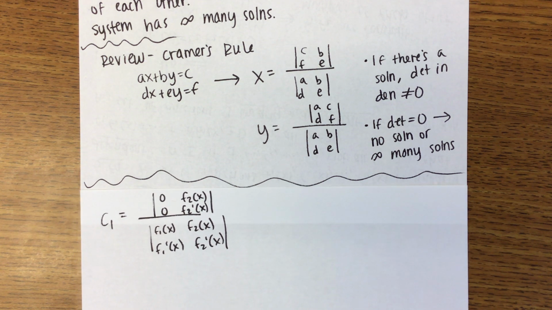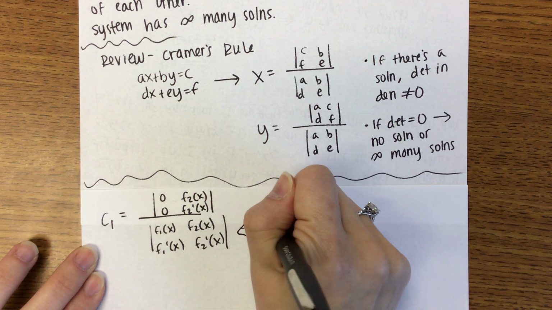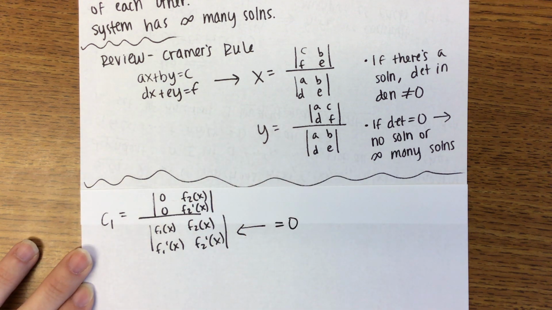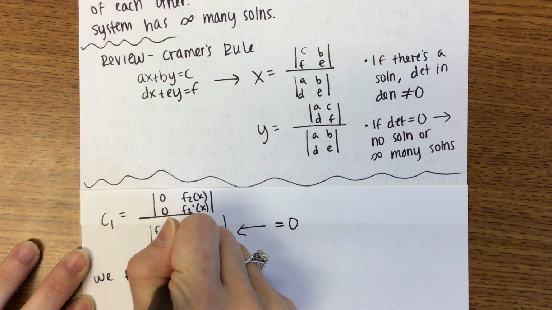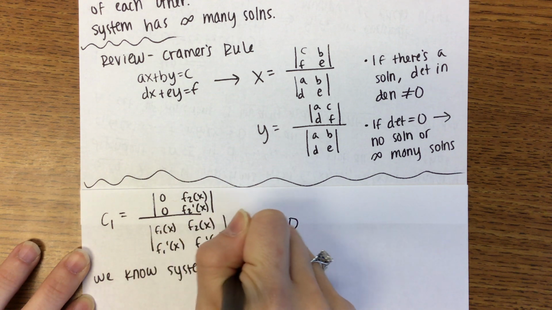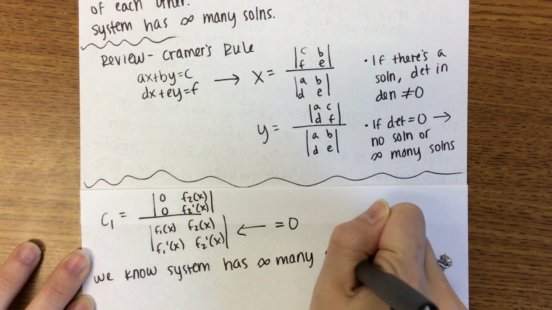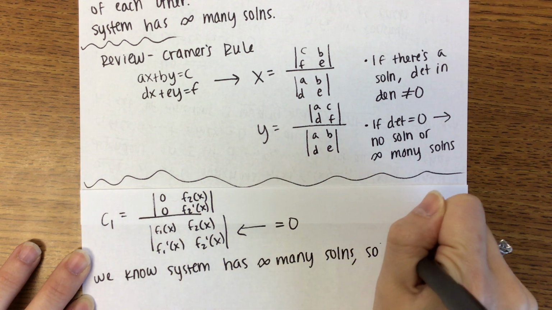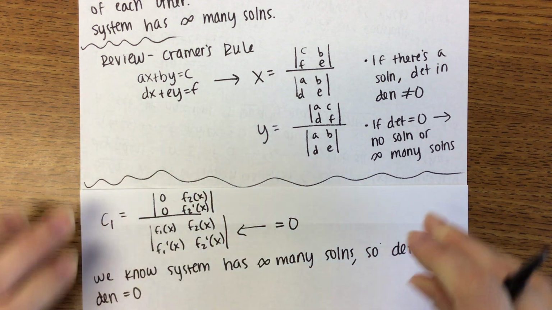Now, what we already determined, though, is that our system has infinitely many solutions. We wrote that right before Cramer's rule. If the system has infinitely many solutions, the determinant of the denominator has to equal 0. So we know that the system has infinitely many solutions, so the determinant in the denominator equals 0.